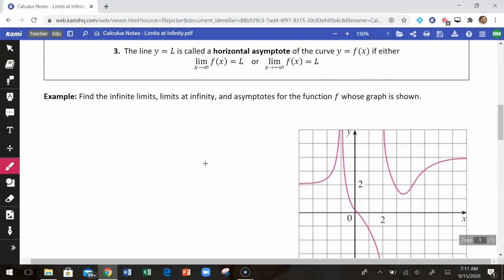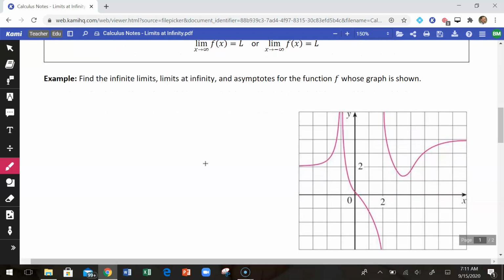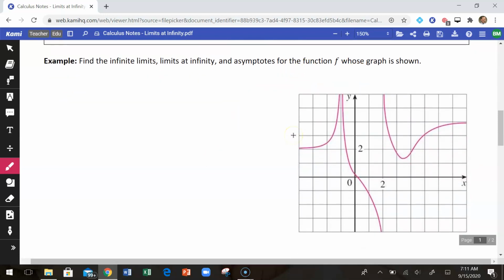So for this function, we want to find the infinite limits, the limits at infinity, and the asymptotes. I'm going to start with the limits at infinity. I want to know, what is the limit as x approaches infinity of this function f of x, and what is the limit as x approaches negative infinity of f of x. This means our x's are going towards infinity. Where are our y values going?